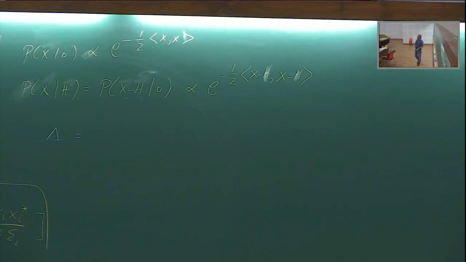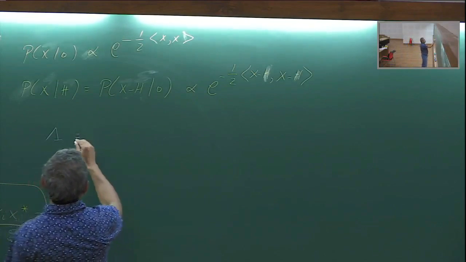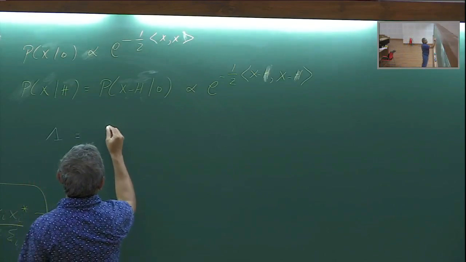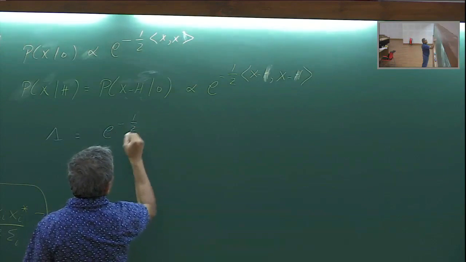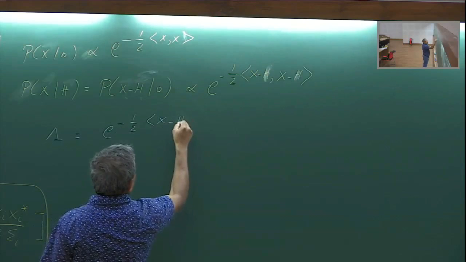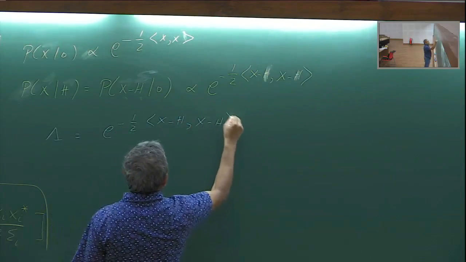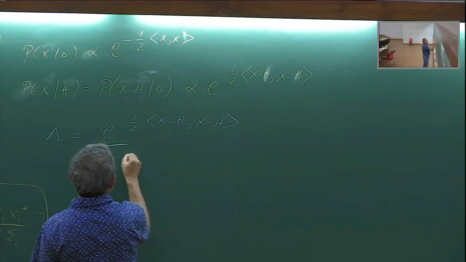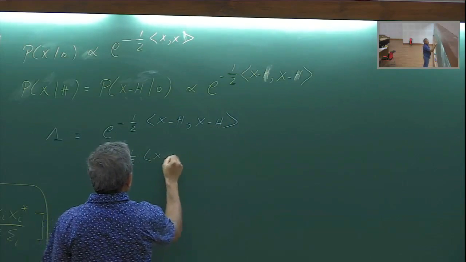Unless, of course, we have a signal-dominated data set, in which case none of this is going to work anyway. So lambda then will be e to the minus 1/2 (x minus h, x minus h) divided by e to the minus 1/2 (x, x).